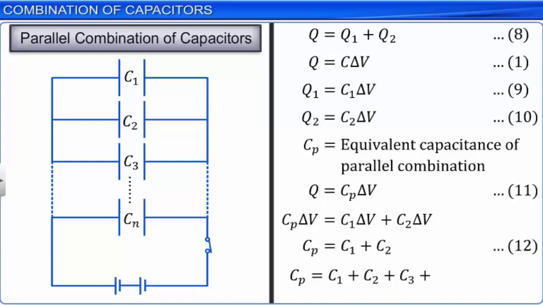Let this be equation 13. To put in words, when a number of capacitors are connected in parallel, the equivalent capacitance of the combination is equal to the sum of the individual capacitances of the capacitors in the combination.